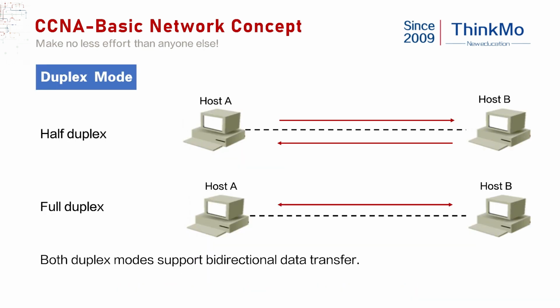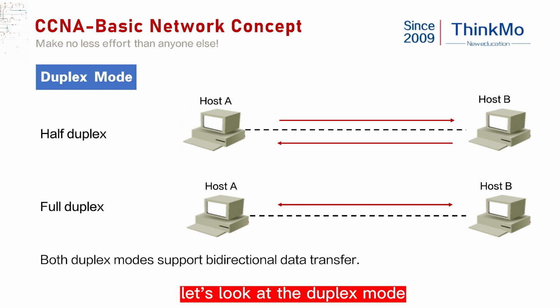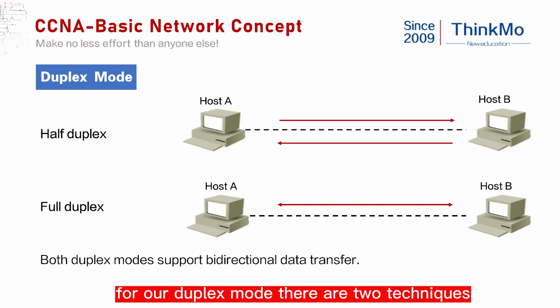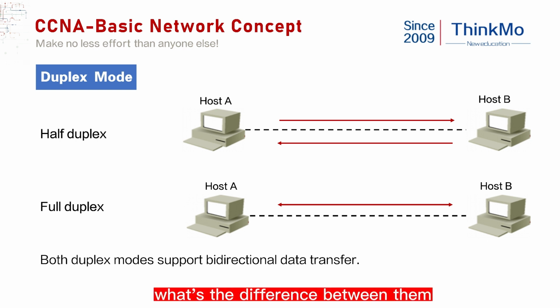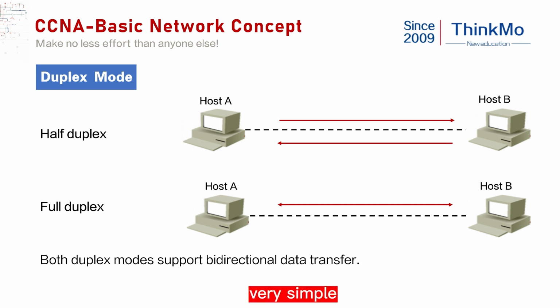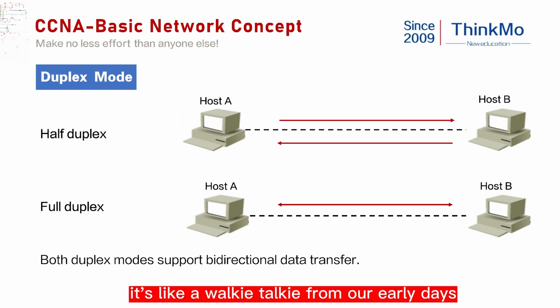At last, let's look at the duplex mode. For our duplex mode there are two techniques. One called half duplex, one called full duplex. What's the difference between them? Very simple. First let's talk about half duplex. It's like a walkie-talkie from our early days.